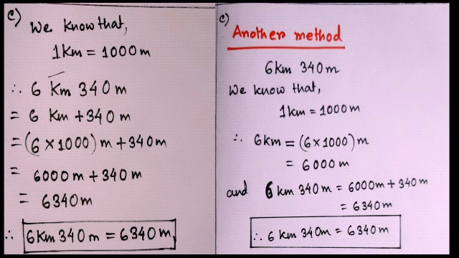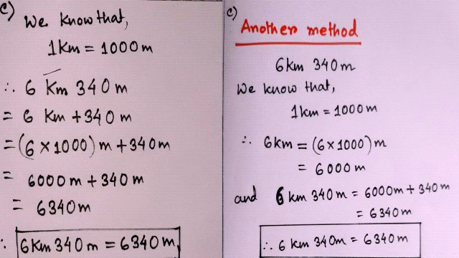That means 6 km, in 6 km's place we can convert 6 into 1000, that is 6000 meter plus 340 meter. As 340 meter is in meter only, no need to change the unit. So 6000 meter plus 340 meter equals 6340 meter. This is one way of solving this sum.